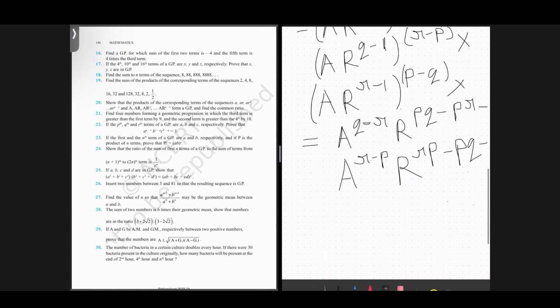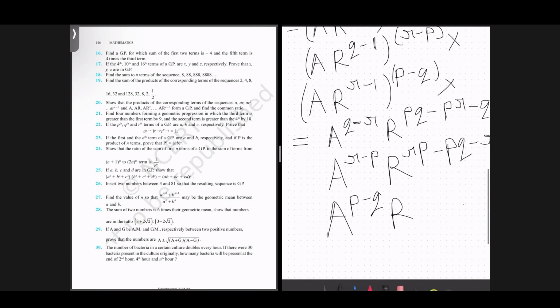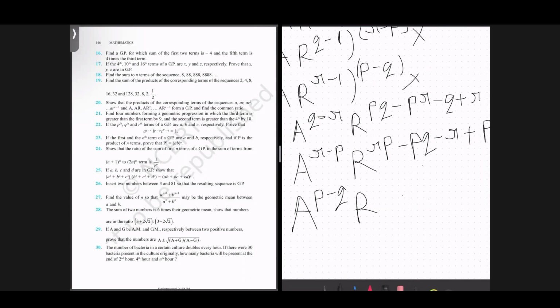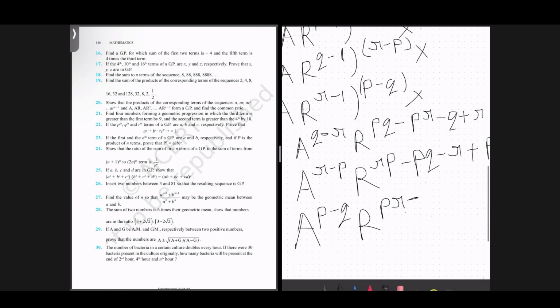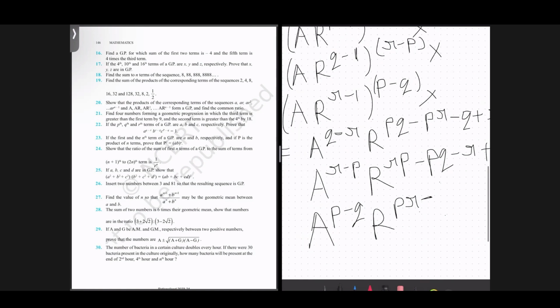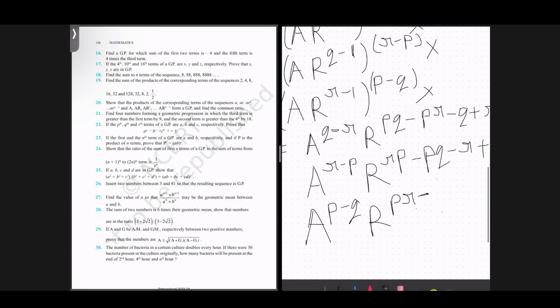For the third and the final term, it's going to be A raised to the power P minus Q, R raised to the power PR. Sorry, is it going to be PR? I don't think so. I'm sorry.